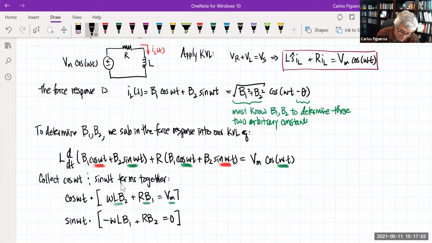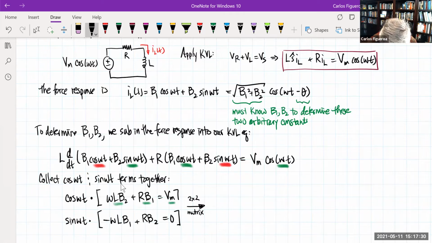So what you're seeing here is that the only way this could be true is that this gives me a 2 by 2 matrix. So I have a 2 by 2 matrix solution. If I do this, look at my B1s.